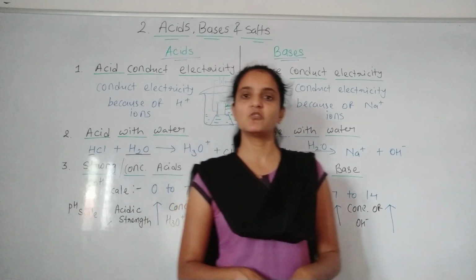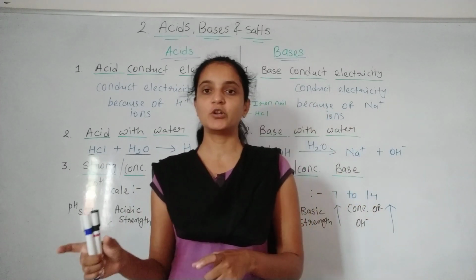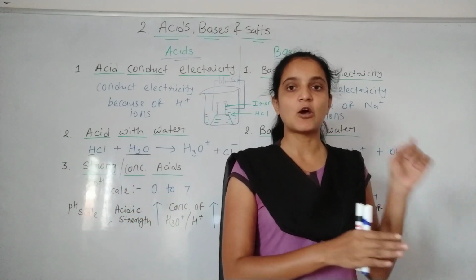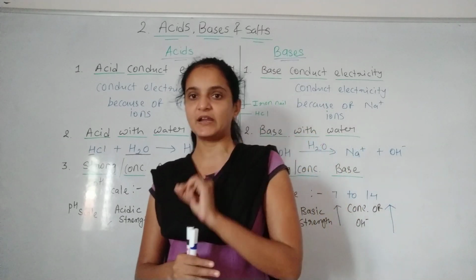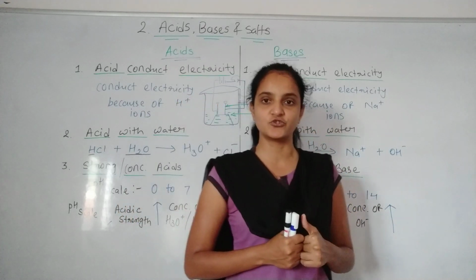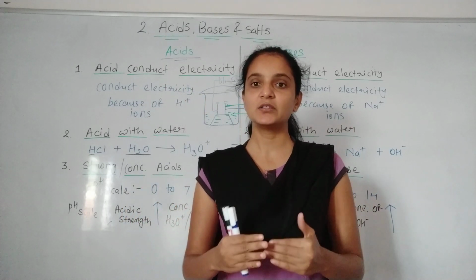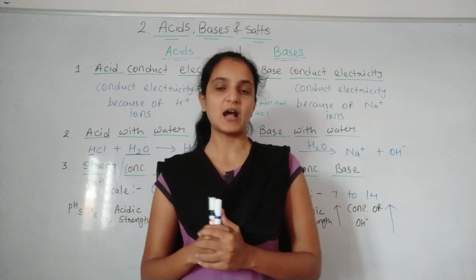Now what is the meaning of pH scale? The pH scale is a scale from 0 to 14 by which you can measure the pH of any given compound. Now in pH, P stands for potence and H for hydrogen. It means power of hydrogen. So basically we can define pH as the negative logarithm of the concentration of hydronium ion or hydrogen ion.